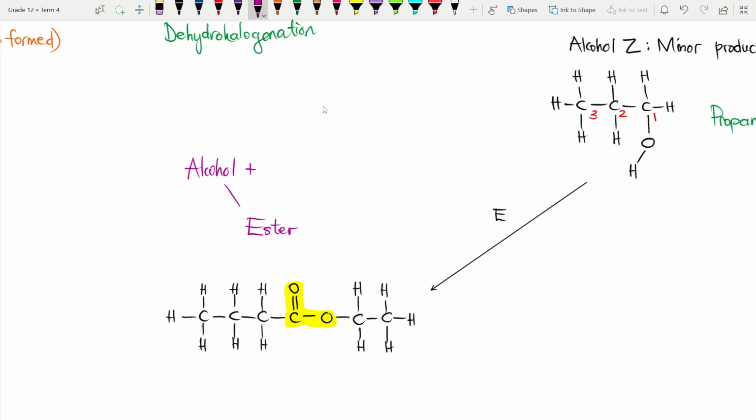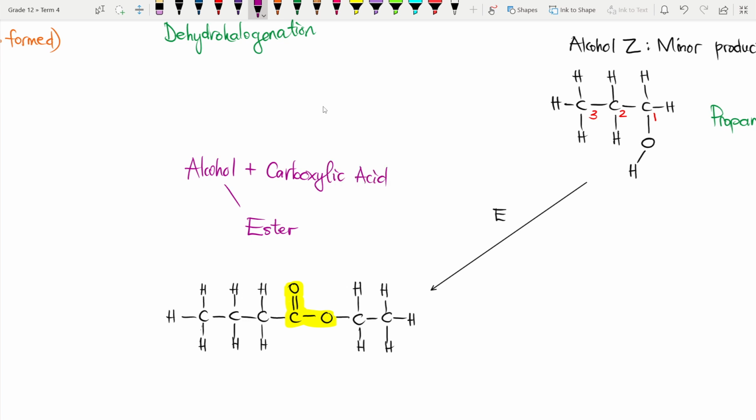Esters are made of an alcohol and what else? Carboxylic acid. Carboxylic acid. That is correct.